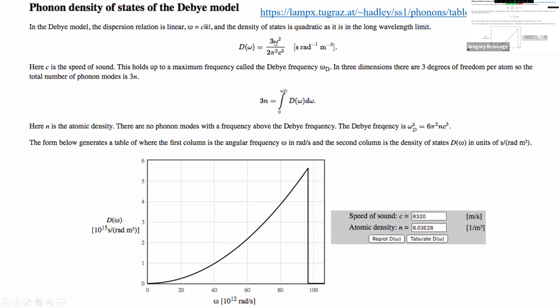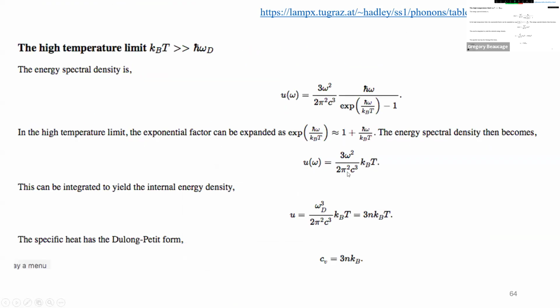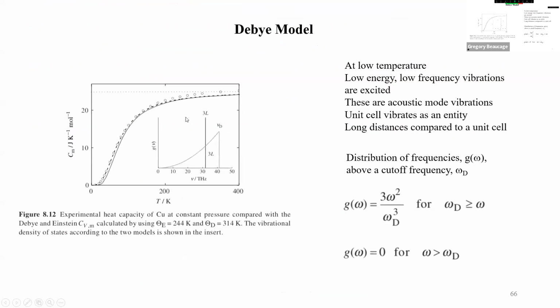If you integrate this equation, you get this behavior, the cubic dependence of the density of states on frequency, which is the thing they show. The Einstein would be one value, and then the Debye is this thing, because they get that quadratic dependence from this. So that's where this plot comes from.